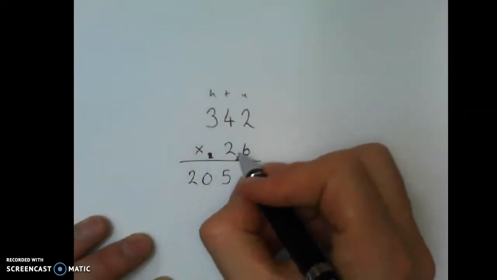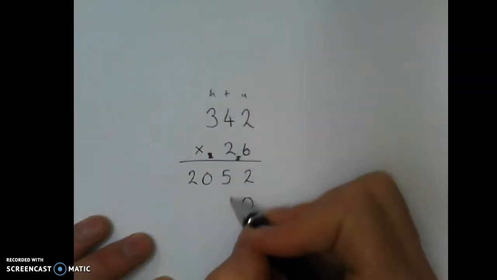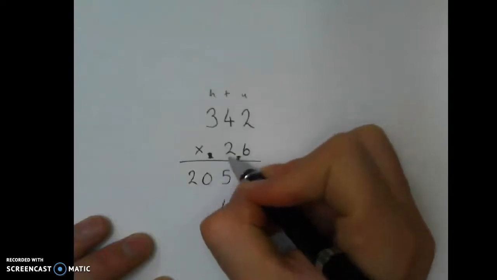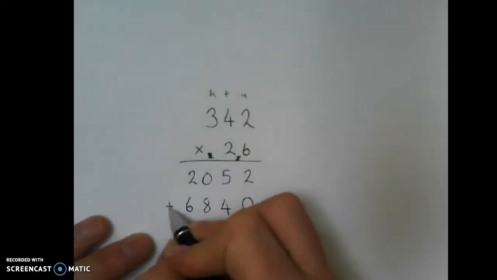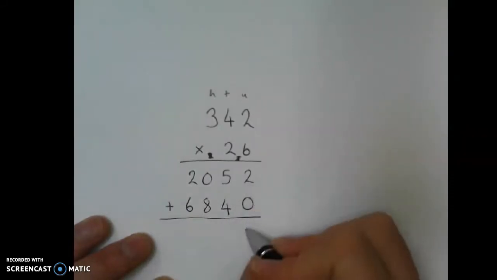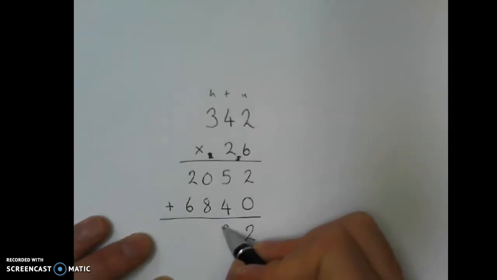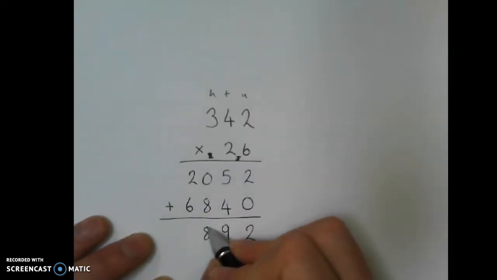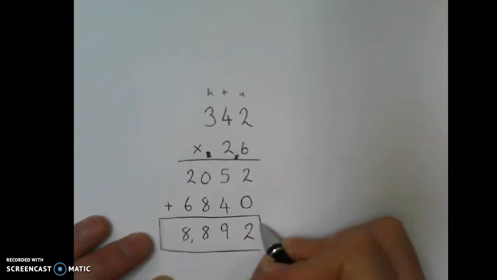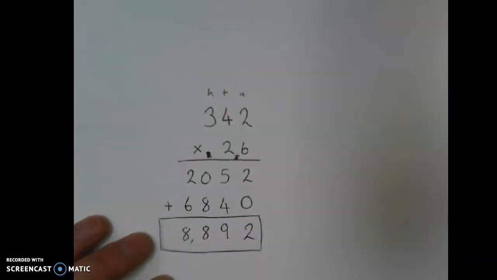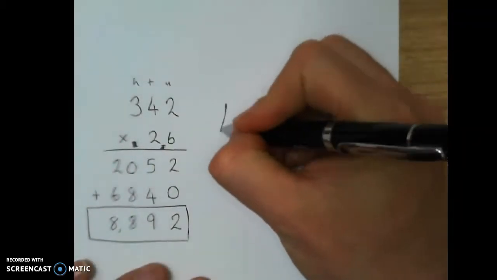Now we're multiplying it by 20, so we put in our magic 0. 2 times 2 is 4. 4 times 2 is 8. 3 times 2 is 6. Add them up. 2 plus 0, 2. 4 plus 5, 9. 0 plus 8 is 8. 2 plus 6 is 8. 8,892.